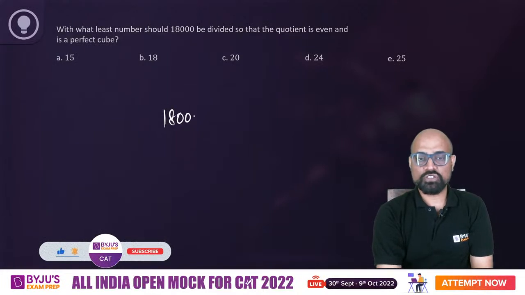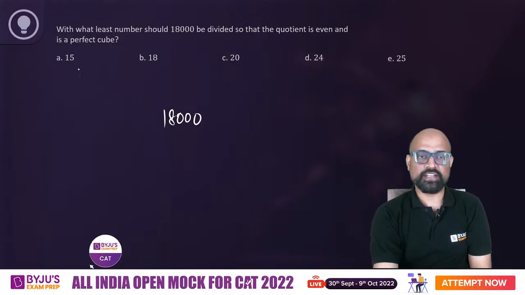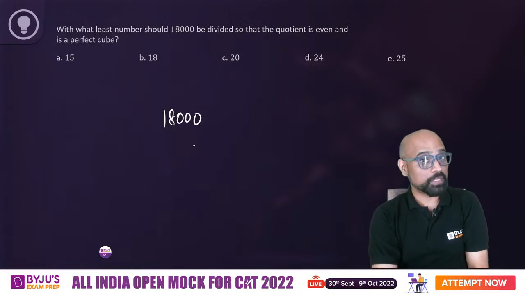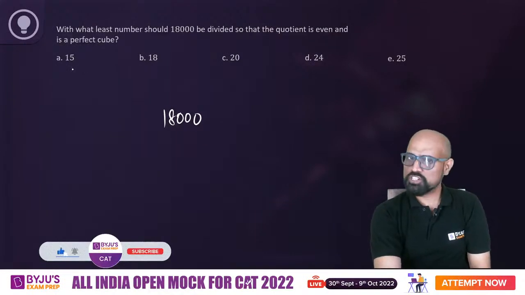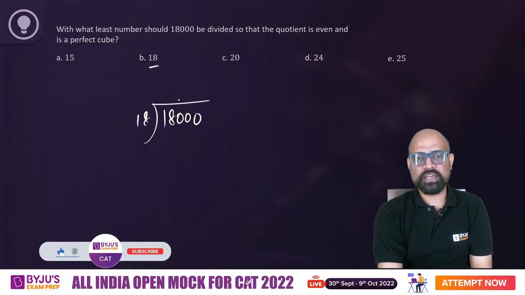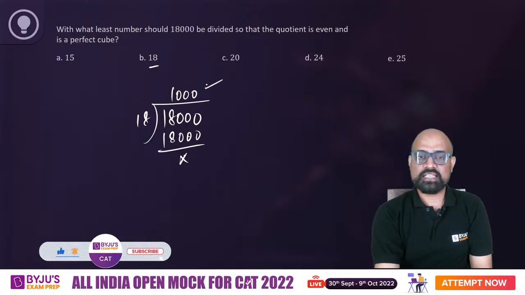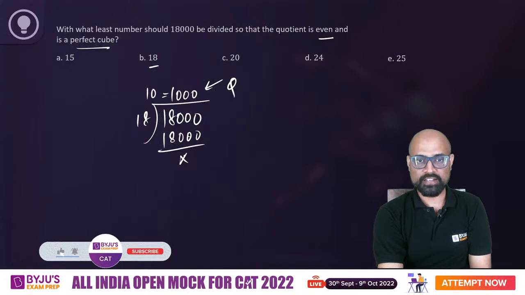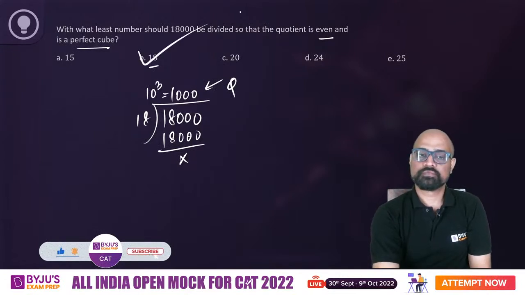So 18,000 को option से चलते हैं, किससे divide करें? 15 से divide करना will be a difficult task. It's divisible, but it will be time consuming. So let's not check 15 first. Let's go to the next option, 18. If you divide this by 18, you will get 1,000, and it's divisible, right? Is this quotient even, is it an even number? Yes. And is it a perfect cube? बिल्कुल, ये 10 का cube होता है. So B is our answer.